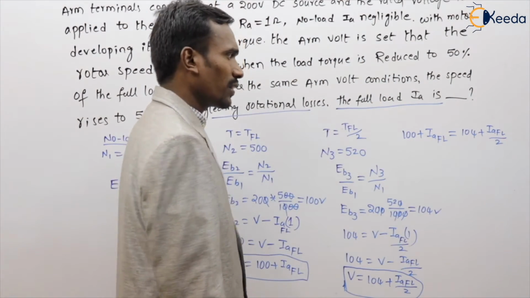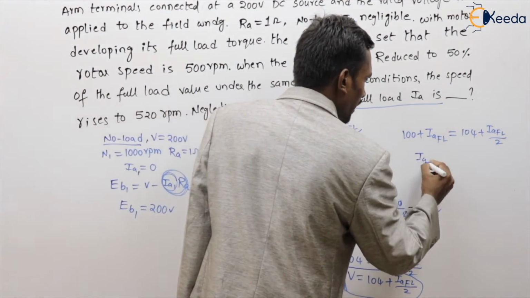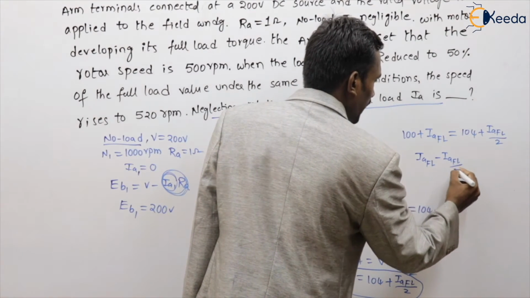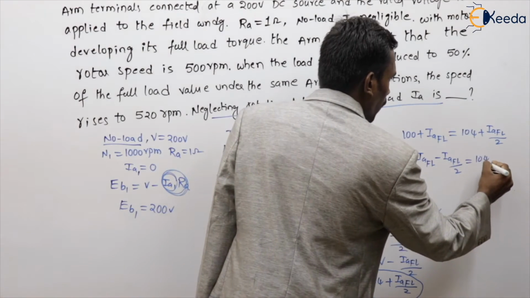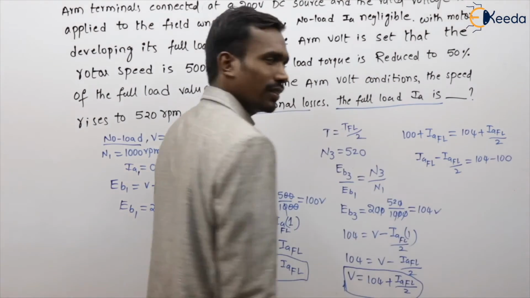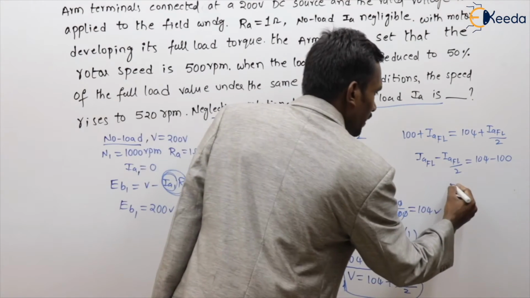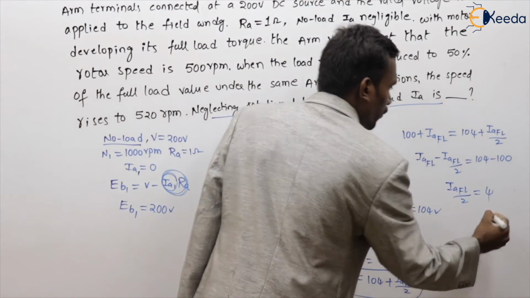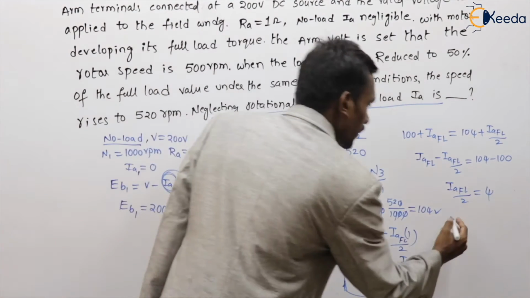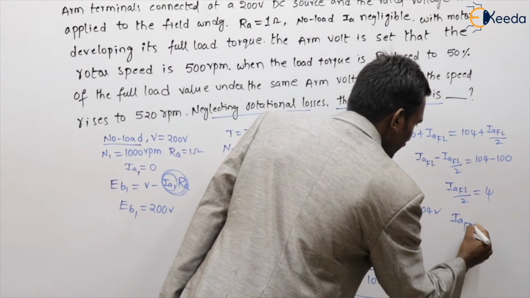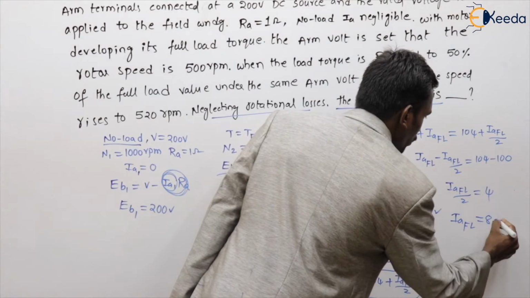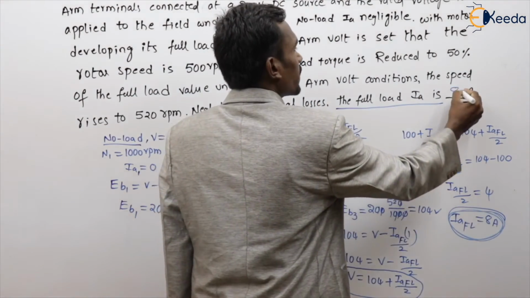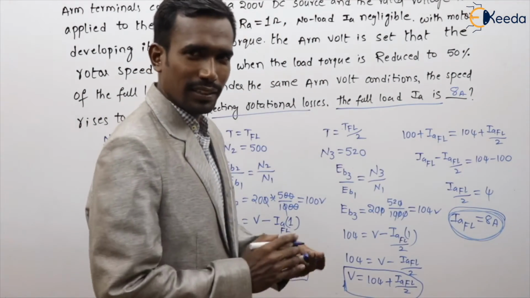Now IA at full load minus IA at full load by 2 is equal to 104 minus 100. Nothing but IA at full load by 2 is equal to 4. So the armature current at full load is equal to 8 amperes.